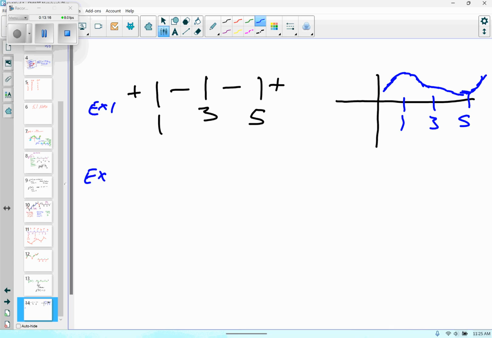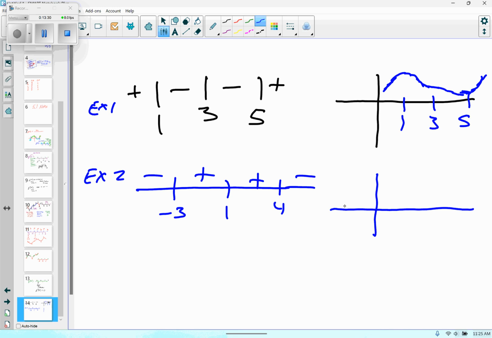And then example 2, they have negative, and that's at negative 3, and then positive, and then positive, and then negative. So if we wanted to make a rough graph of what this looks like, put your negative 3 there, your 1 there, and your 4, kind of space it out appropriately. So we'd have a negative slope till we got here, changes directions at negative 3. And oops, I made a mistake.